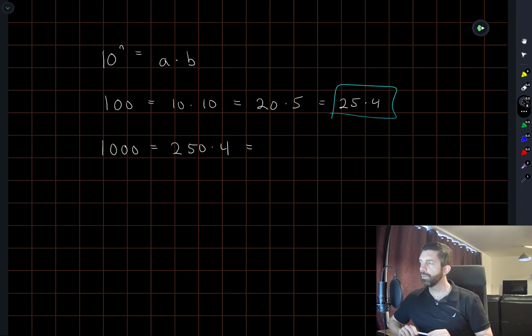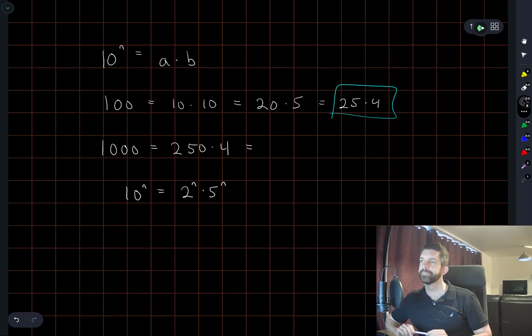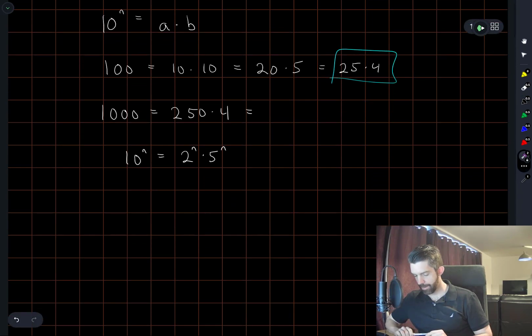Maybe the key here is we should write 10 to the n as equal to 2 to the n times 5 to the n, right? Now if we want to write 10 to the n as a product of two numbers, there have to be at least n factors of 2 and n factors of 5 in the pair.